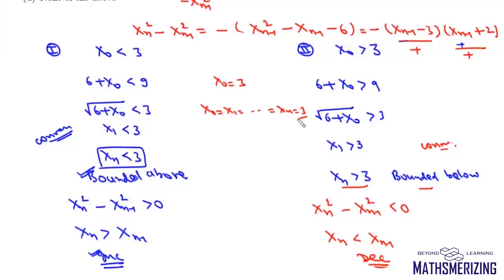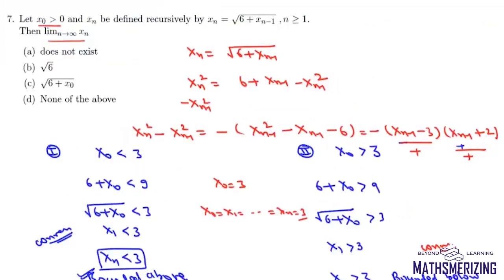Now we'll need to find this limit, n tends to infinity, xn. For that, we'll take this limit n tends to infinity on both sides. Now suppose this limit is L. So we can write L equals under root of 6 plus L, that is L square minus L minus 6 equals 0.